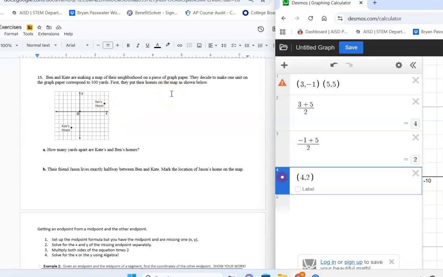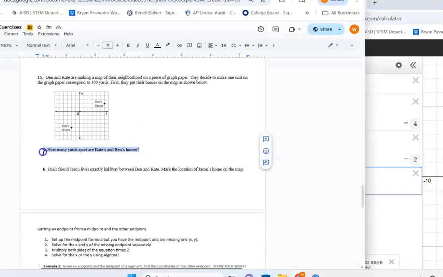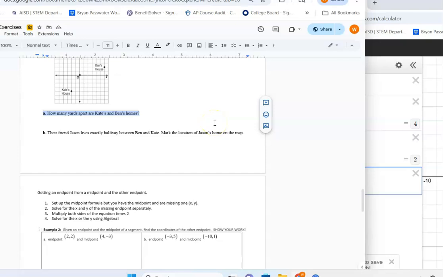Once you get the midpoint, you're going to have to... actually, skip A. Don't worry about A, because A involves what I'm teaching next class. Skip this one, but do B. You can do B, but it's a word problem about the same thing.